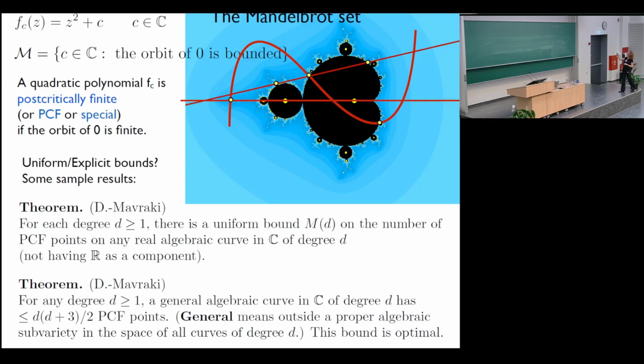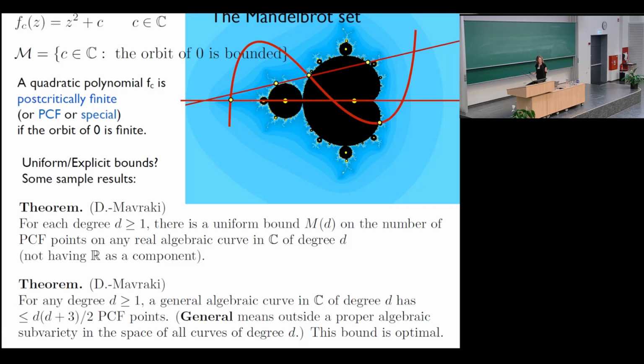But what we can show, for example, is that there's a uniform bound on the number of those yellow dots on a curve that depends only on the degree. So for example, the statement is, for each degree d, corresponding to the degree of the algebraic curve I'm looking at, there is a uniform bound on the number of special points on any of these real algebraic curves of degree d.